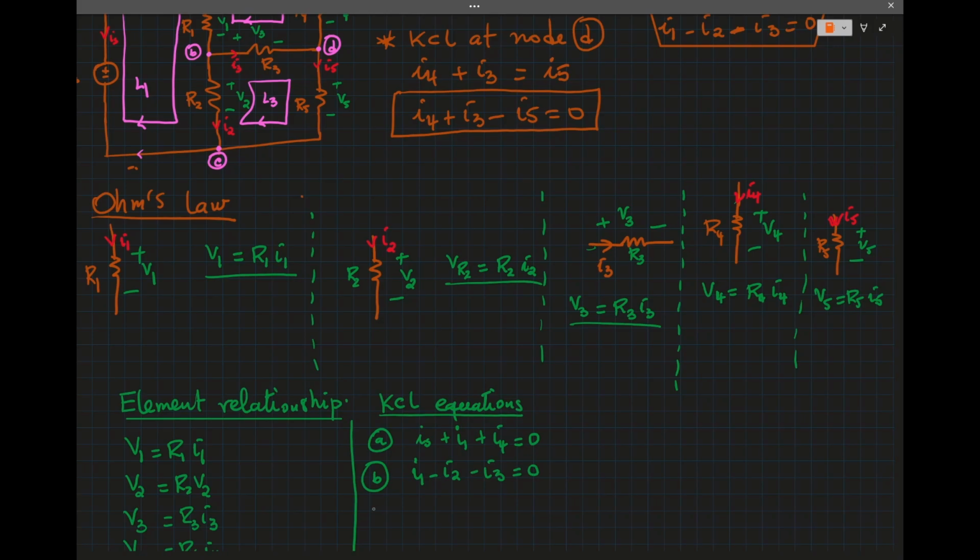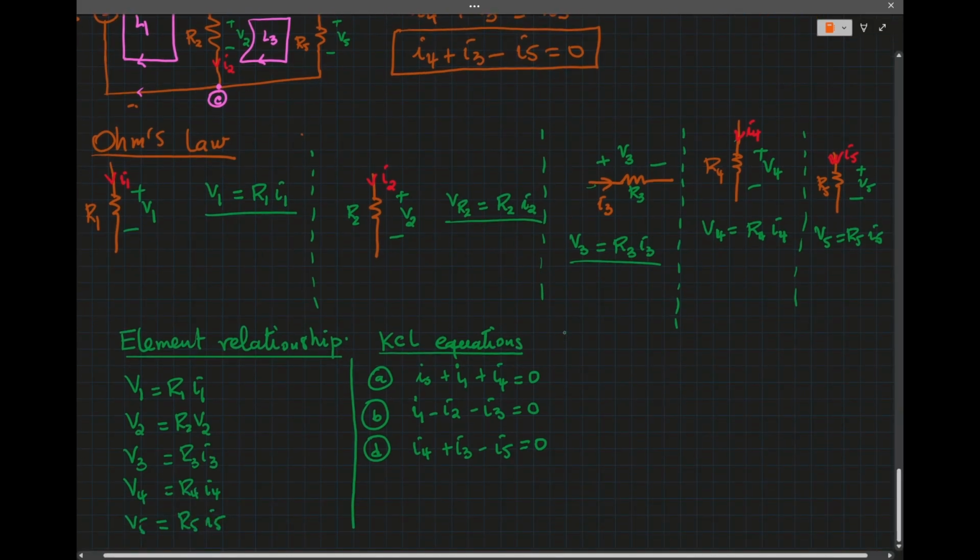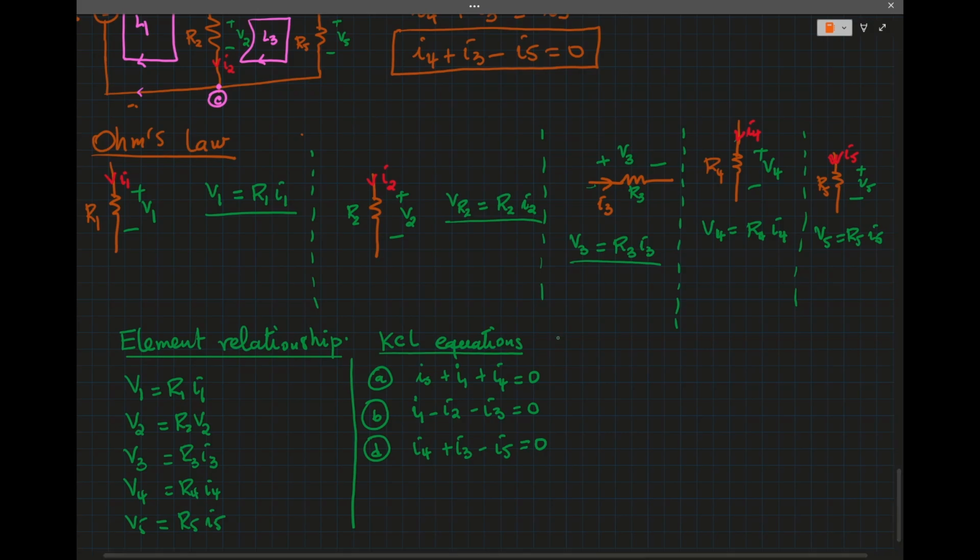And at node D, we have I4 plus I3 minus I5 equal to 0. Okay, so we notice that if you write the node equation at node C, that will be redundant, right? Because we only need 3. Okay, so now we do KVL equations.